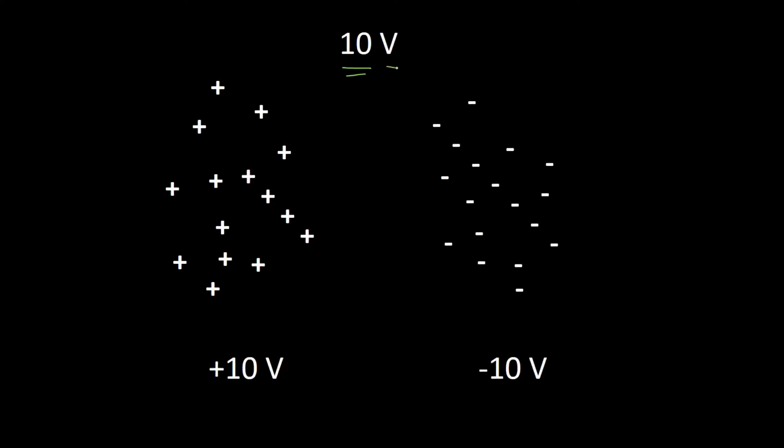Now remember, the volt is telling me the size of the potential, which is basically how much work it can do when we let these things move. Now with the membrane potential, this would be plus 10 volts, this would be minus 10 volts. So the number tells me how much charge is separated.